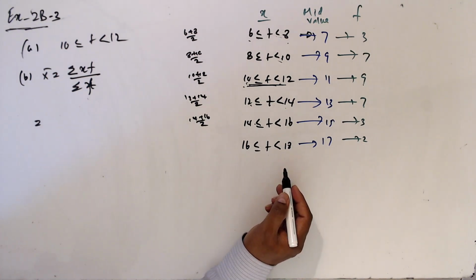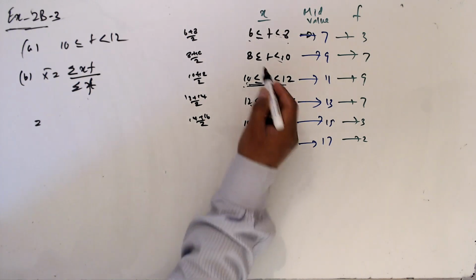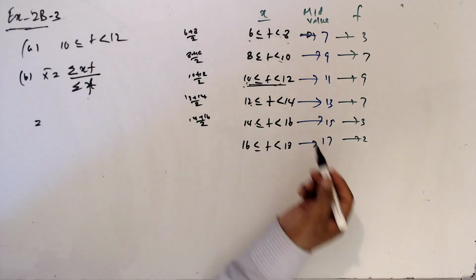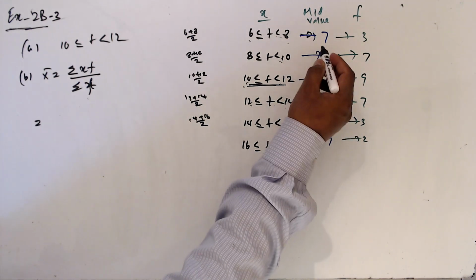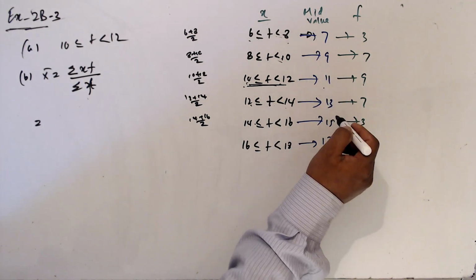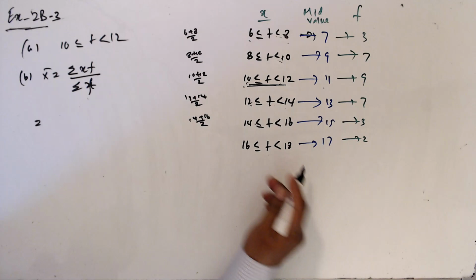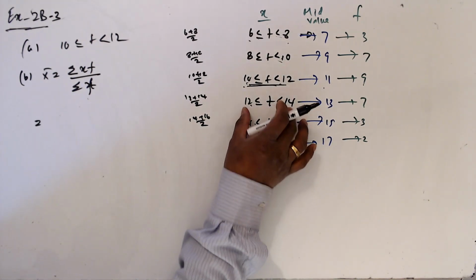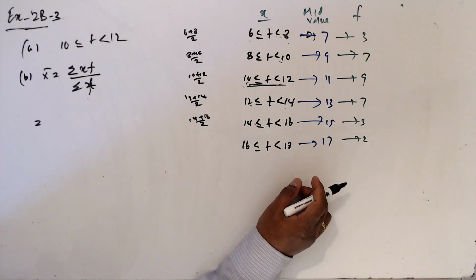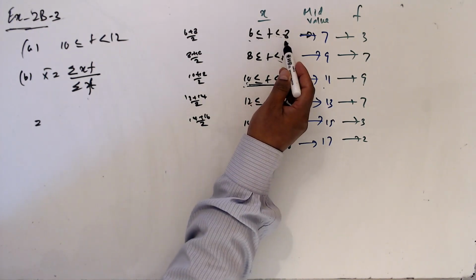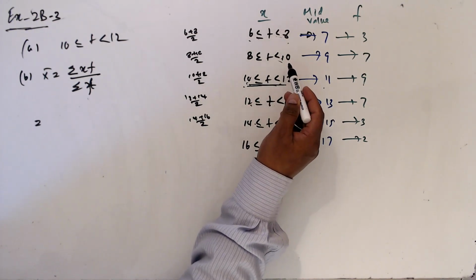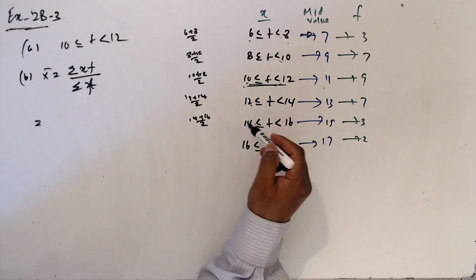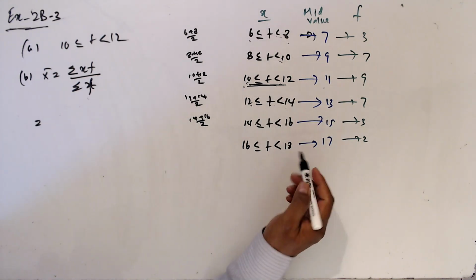Likewise, if the class width is the same, then when you know these values, you can add and simply write, but it has to be the class width. You know, class width is the difference. 6 to 8, 8 to 10, 10 to 12, 12 to 14, 14 to 16, 16 to 18.